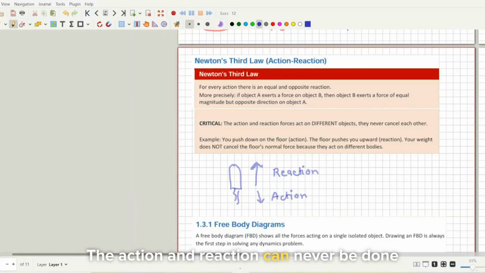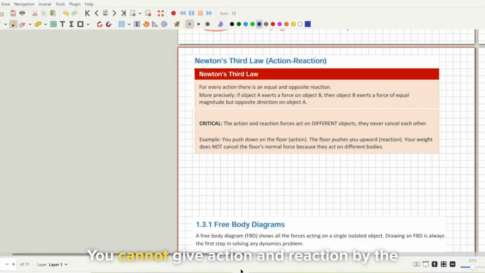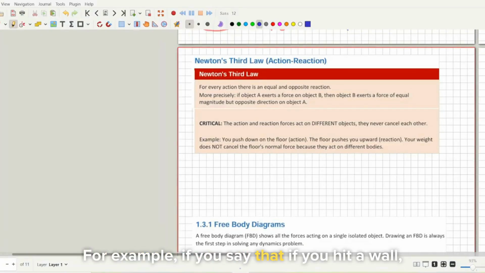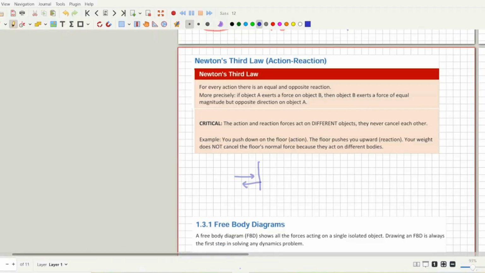The action and reaction can never be done by the same object. You have to keep in mind that action and reaction are always given by two different objects, and they never cancel out each other. For example, if you hit a wall, the wall will hit you back, right?